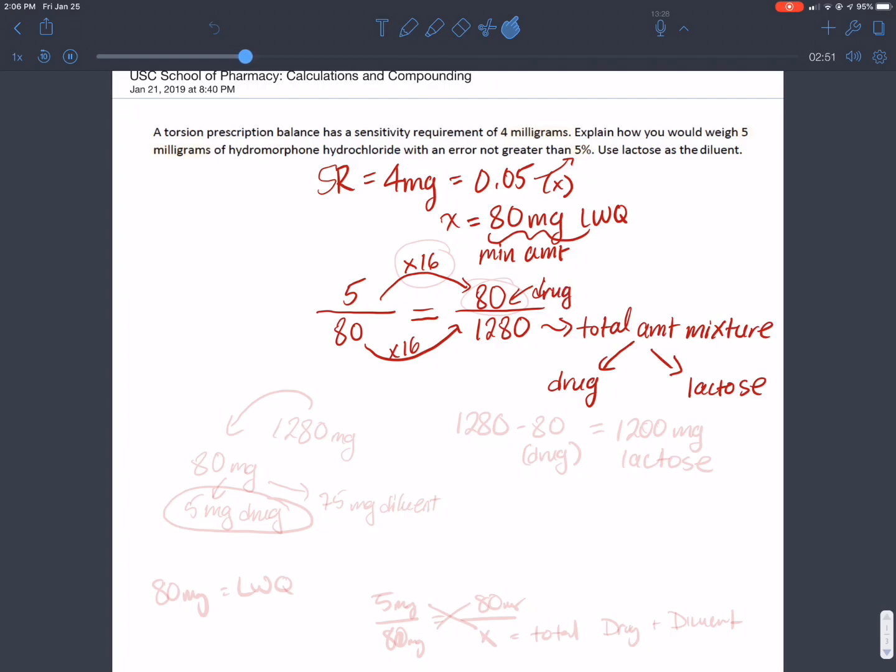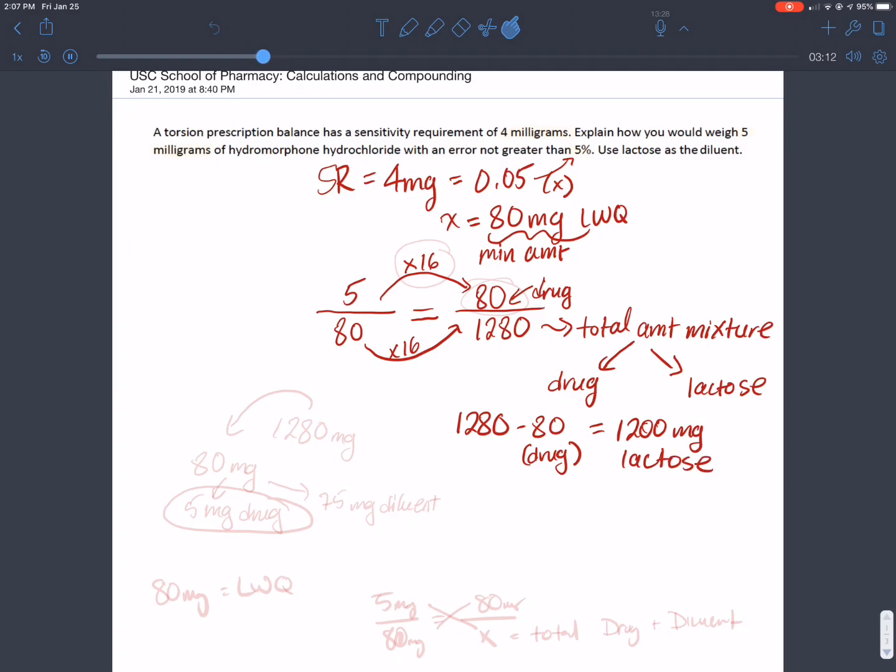So, in the end, to find the amount of diluent that we added, you do 1280 of the total mixture minus 80, which is our drug, is equal to 1200 milligrams of lactose, which is our diluent.